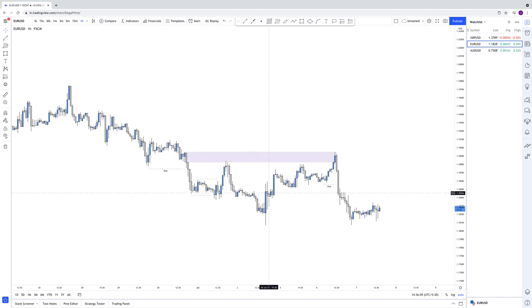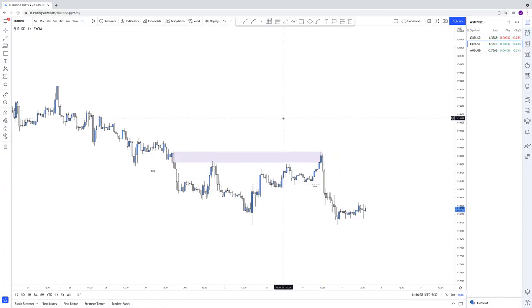So if price was to come back in here, as we have, I wouldn't really be looking for entries because it's already been mitigated to at least the 50%. But what we can see is price did not mitigate to the 50%. So in this example, we can still look for entries once price comes into the 50%, as it did exactly here.